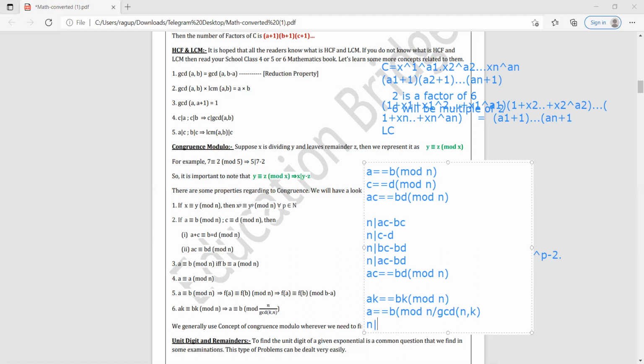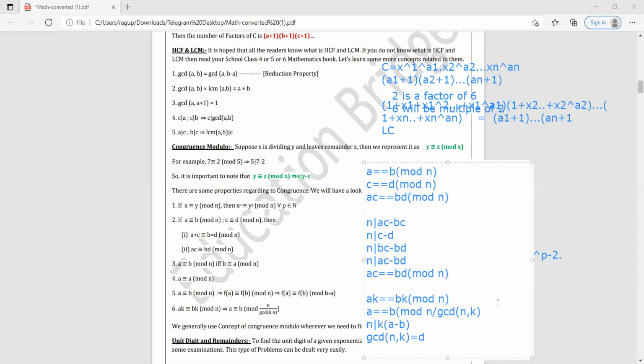So this means that n divides K into (A minus B), and we have to prove A is congruent to B mod n divided by GCD of n and K. Let's say GCD of n and K is d.